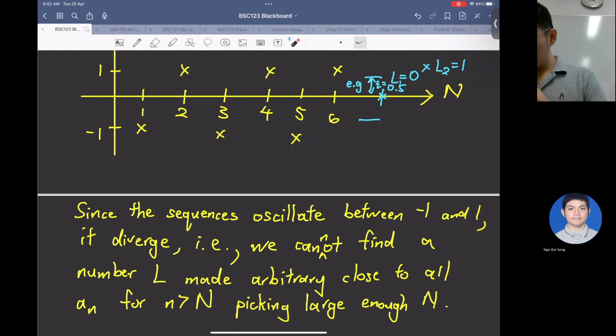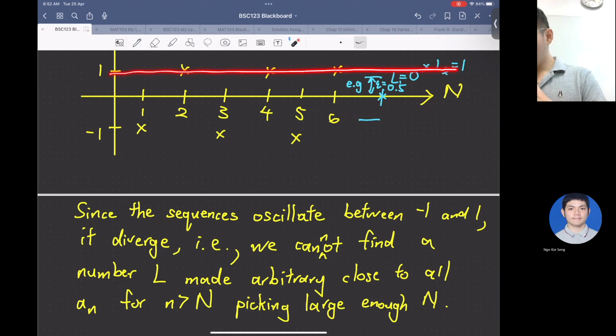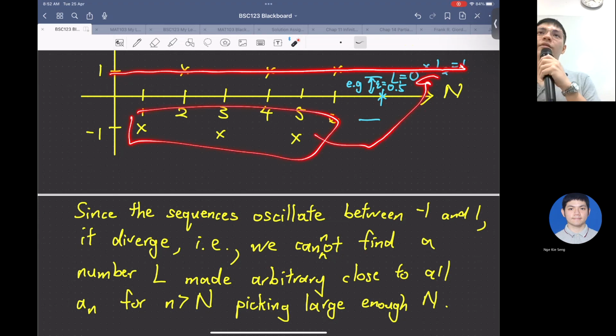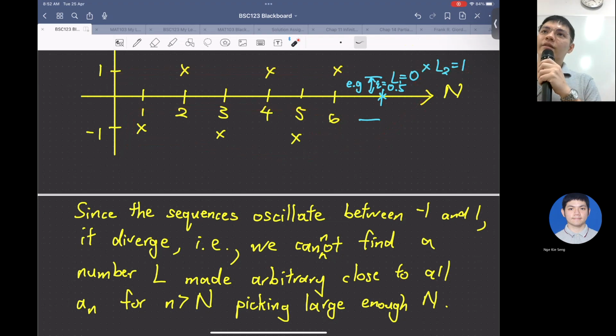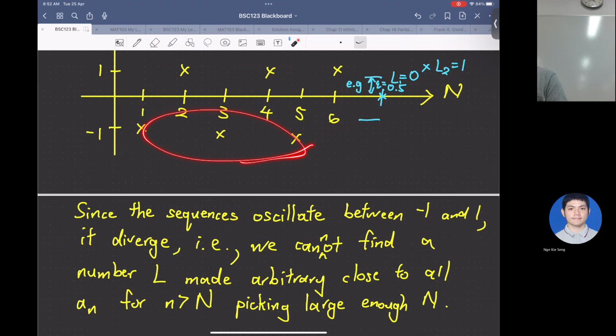Although we can find terms that are close to 1, fine, we can also find terms that are far away from L equals 1. So this doesn't work. We need to find an L such that after a certain n, all the terms will be as close as possible to our limit. Make sense?